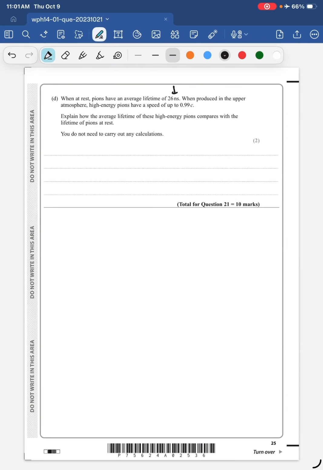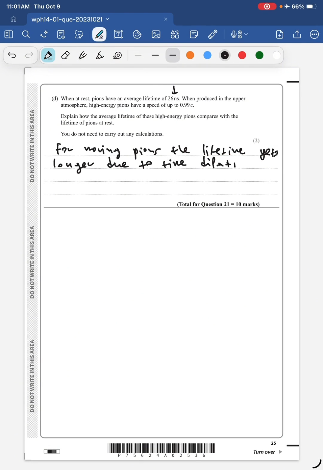You do not need to carry out any calculations. So for moving pions, the lifetime gets longer due to time dilation.